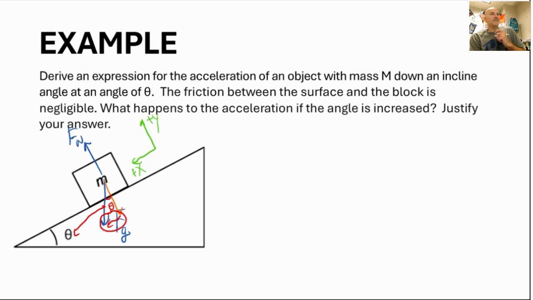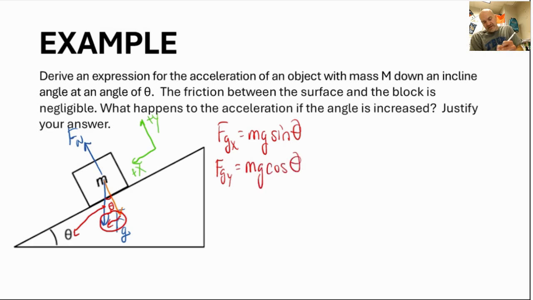This is a case in which you flip your sine and cosine. Typically x goes with cosine and y goes with sine, but in inclined plane problems, you're going to flip it. So F_Gx would be mg sine theta, and F_Gy would be mg cosine theta.